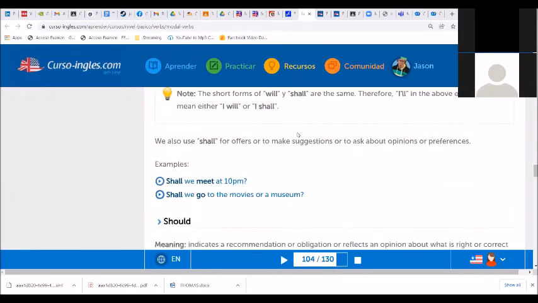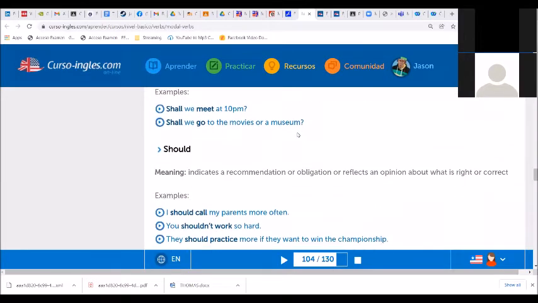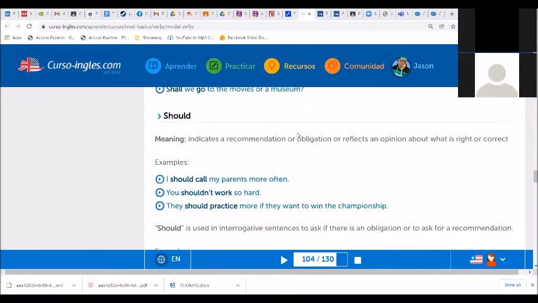Now, what if you want to express recommendations? The next one on our list is for recommendations. Sophie. Should indicates a recommendation or obligation or reflects an opinion about what is right or correct. Examples: I should call my parents more often.